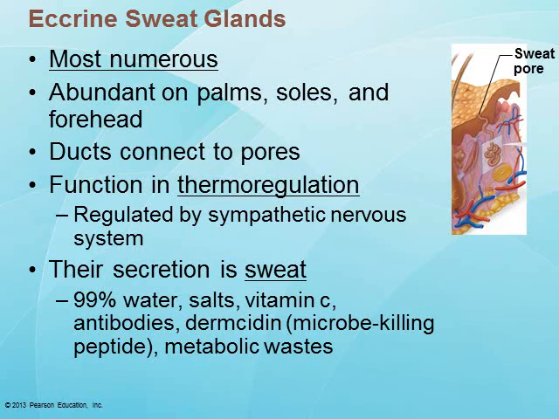As seen in this picture, this is a sweat gland, and this here got cut, but you can see that the eccrine sweat gland is separate from the hair, and the duct will empty directly to the skin through the sweat pore. Those eccrine sweat glands are important for thermal regulation. It regulates your blood temperature.